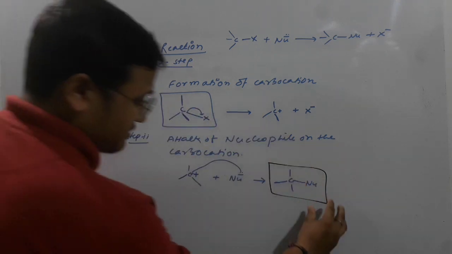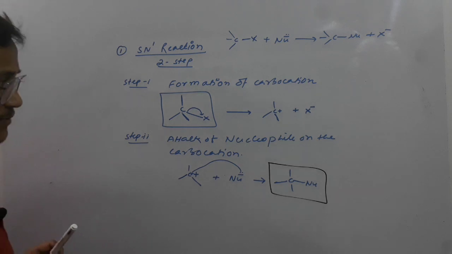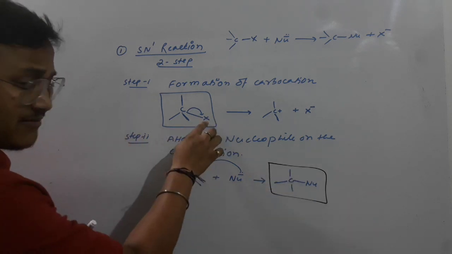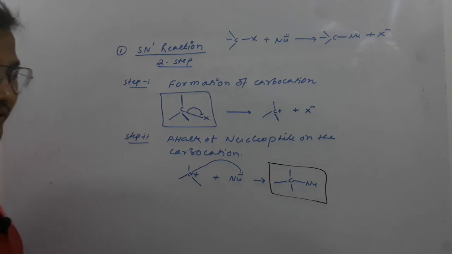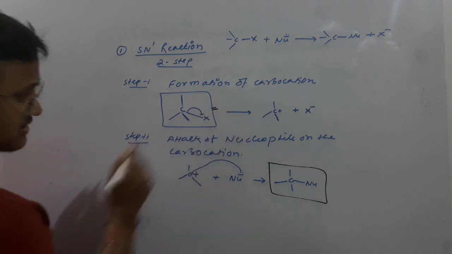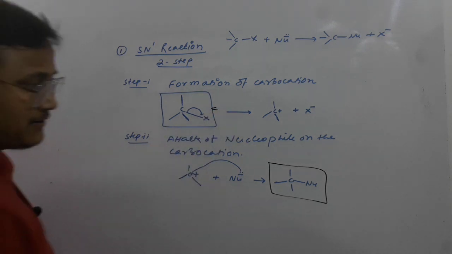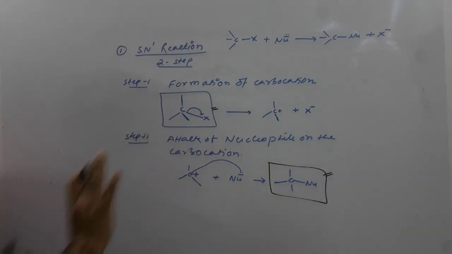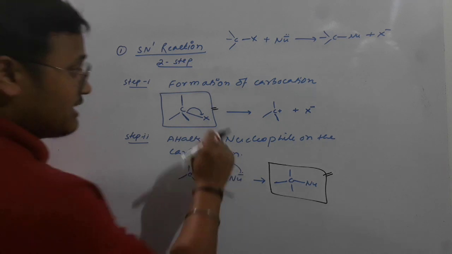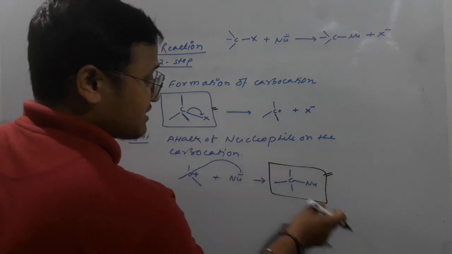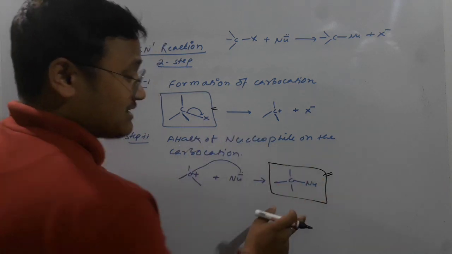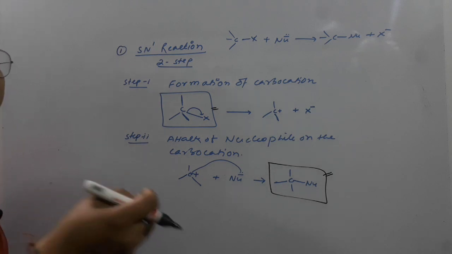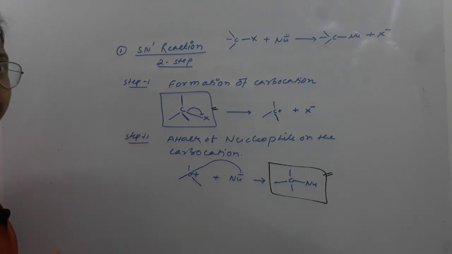The only difference is that here we have halogen, here we have nucleophile. Whatever structure we have in the reactant, the same type of structure we have in the product also. That means the structure of the reactant and the product is not getting changed, right?